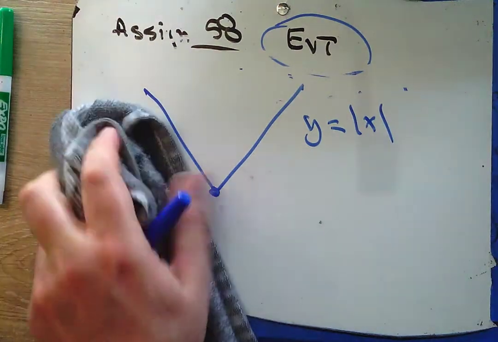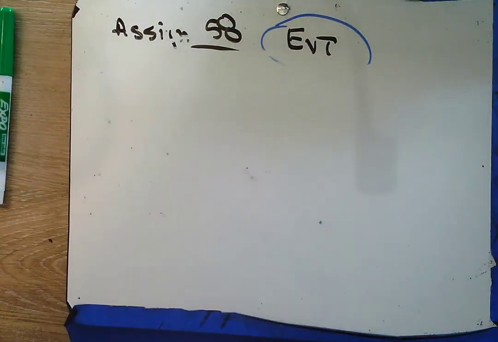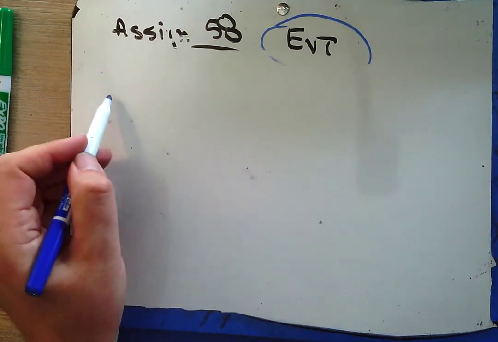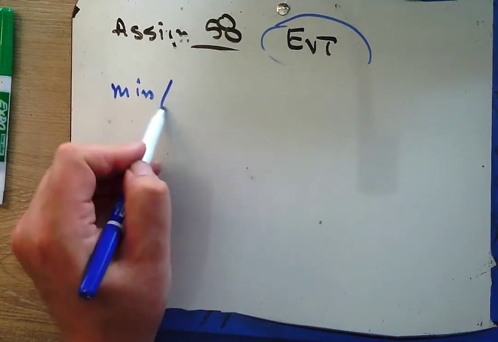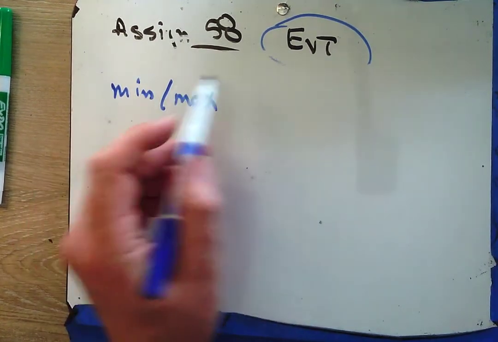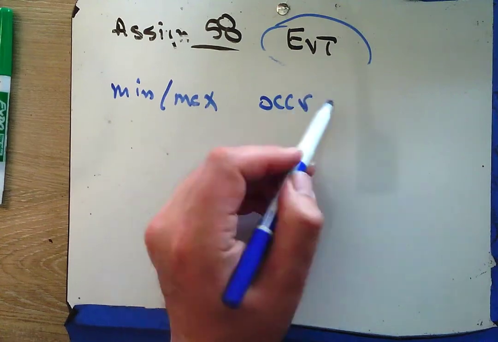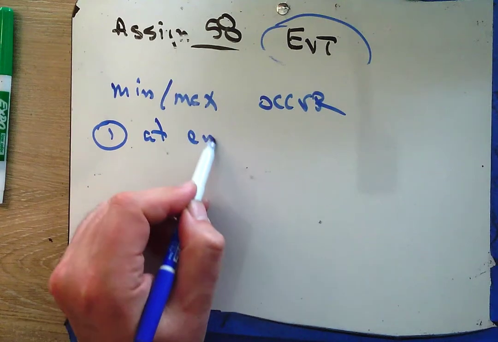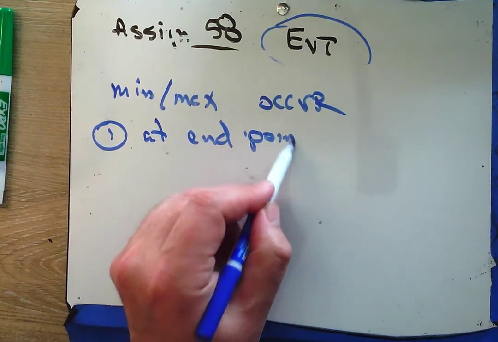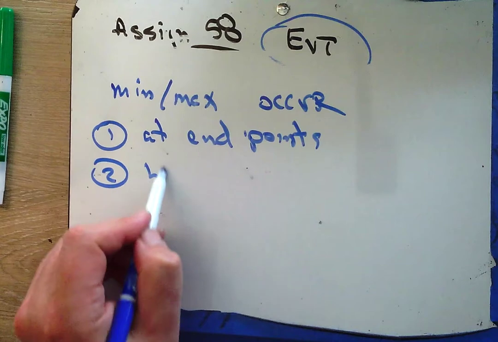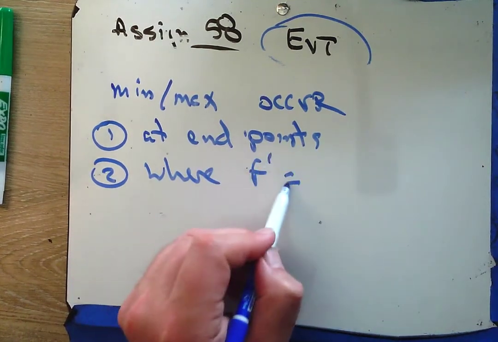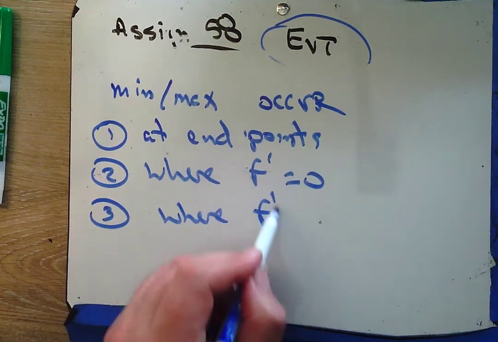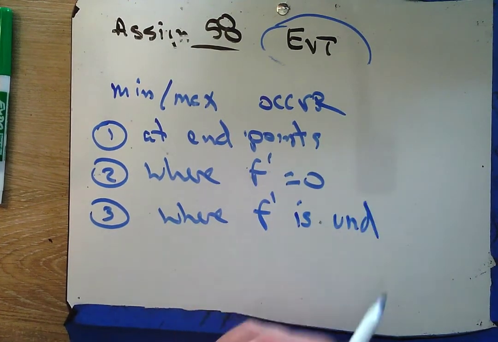I do, though, take an understanding from these sections, from these things that are talked about here in 5.1, that mins and maxes occur in 3 places. 1, at endpoints. 2, where f prime equals 0, and 3, where f prime is undefined.